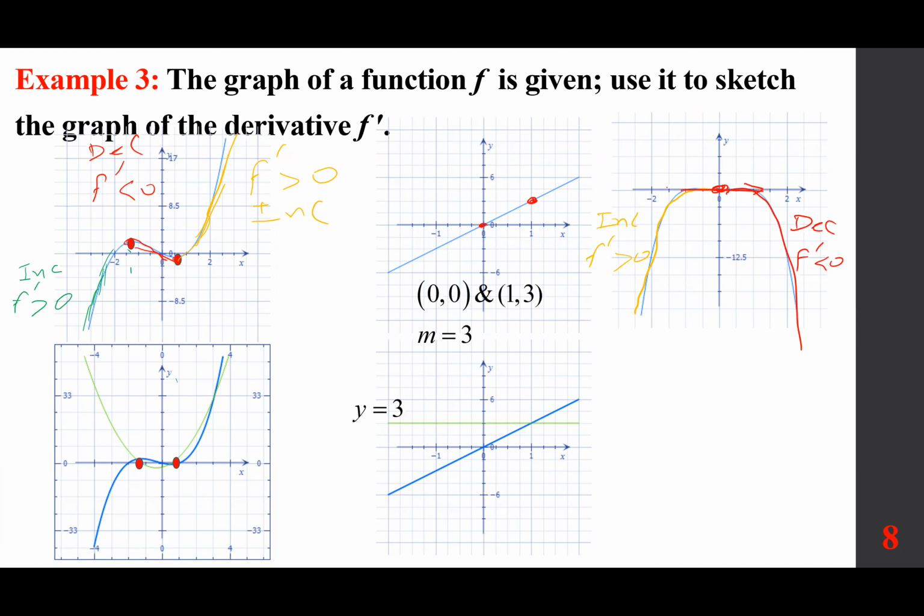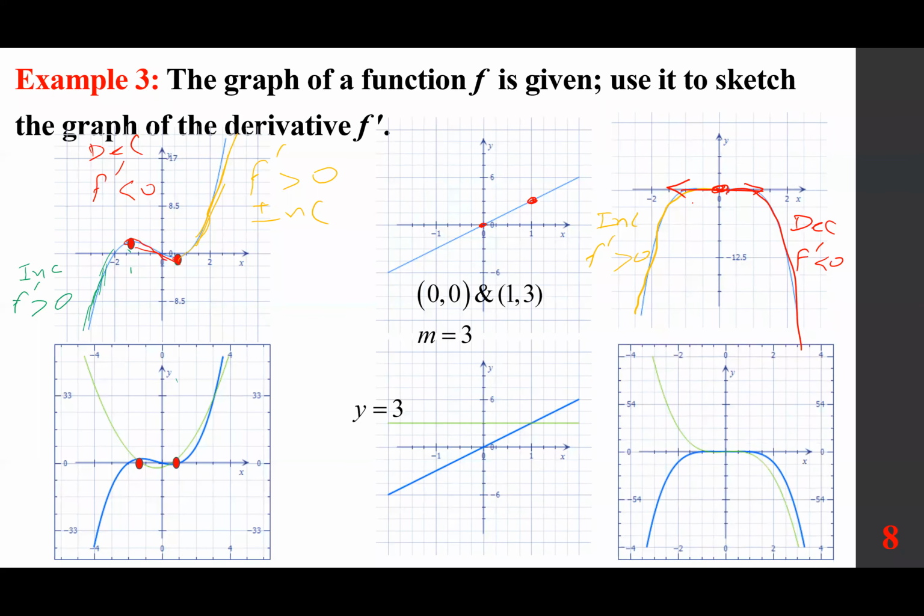At this point, we have a horizontal tangent line. It's looking like this. I hope everybody is comfortable with that. Okay, comfortable. All right.